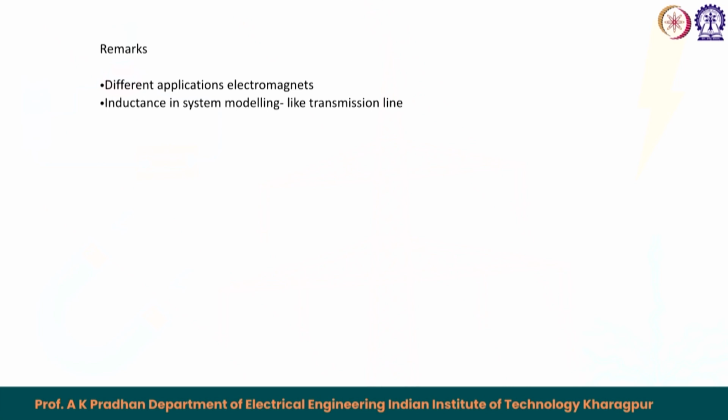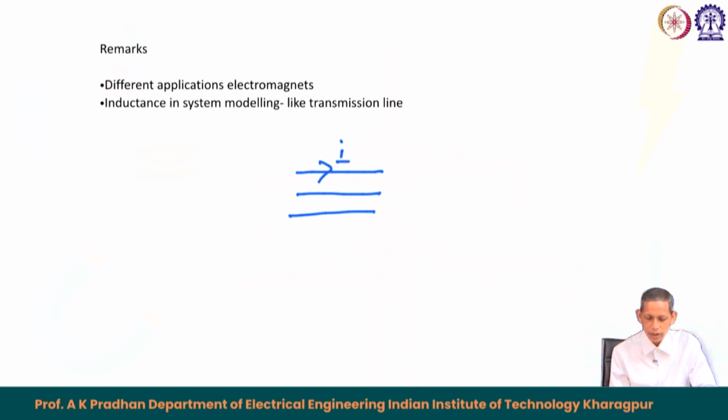Furthermore, in this study of the magnetic property of electricity, at the beginning we mentioned that a current carrying conductor produces flux around it, and the flux linking to this conductor current results in an inductance, phi by I. With that property, in a transmission system also we have different conductors, 3 phase lines, each one carrying a current like I A, I B and I C. Each conductor carries current and they result in inductance also.